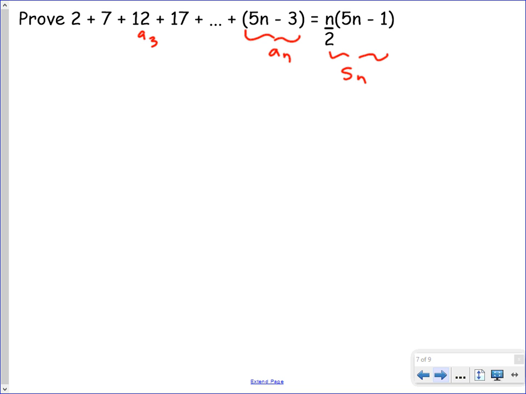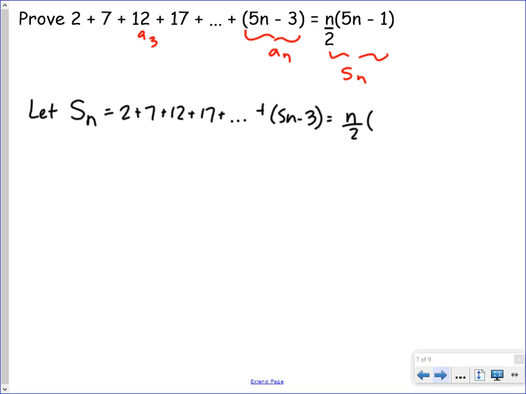You can make some connections here back to section 9.2, that formula for the arithmetic series, this is that formula, with n's. Okay, so start with your statement to get your proof started. Let S sub n equal, copy the problem, 2 plus 7 plus 12 plus 17 plus 5n minus 3 equal n divided by 2 times 5n minus 1.